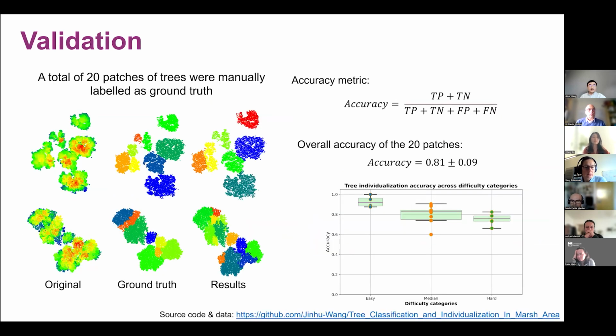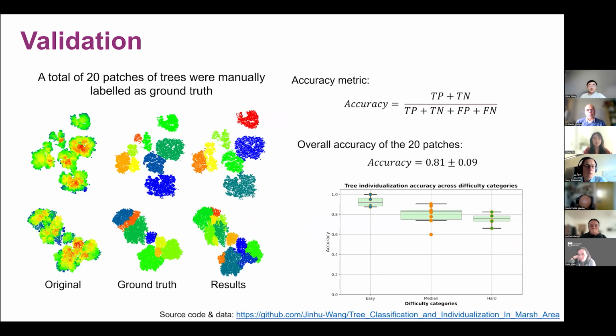To validate the workflow, a total of 20 patches of different forests were selected and each point was manually labeled to a unique tree. For the figure, the original column shows the raw datasets, and the ground truth column shows the manually annotated ground truth data, where random colors were assigned to each manually annotated individual tree, and the results column shows the output of this workflow.